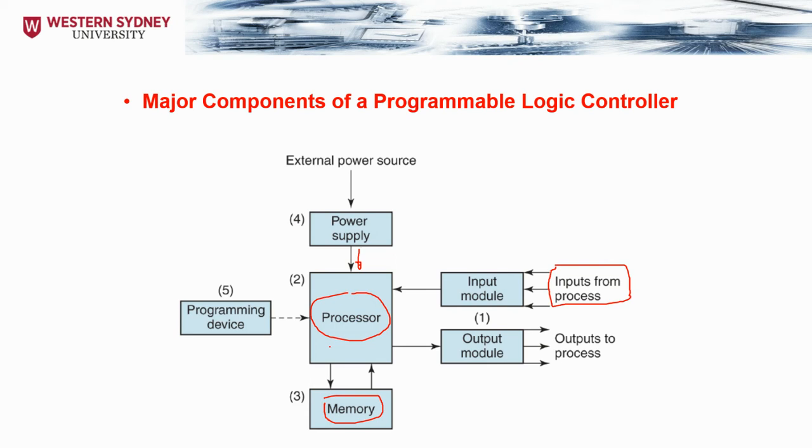The processor is going to read the instructions given to it by the programmer through the program stored in the memory, and then it's going to take a decision and send it to the process through the output module. It takes the digital value, converts it to analog, and then sends it to the output process, which can be, for example, if this was the temperature, something like increasing the fan speed. Okay, so that's how it works.